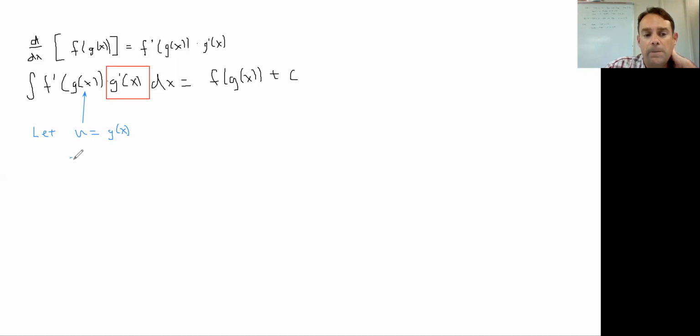If I do that, I end up with du over dx equals g prime of x. So I take both things with respect to x. And if I want to get that du by itself, I can multiply both sides by dx. So we would end up with du equals g prime of x dx.